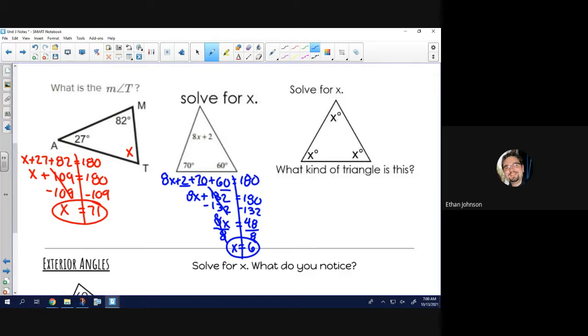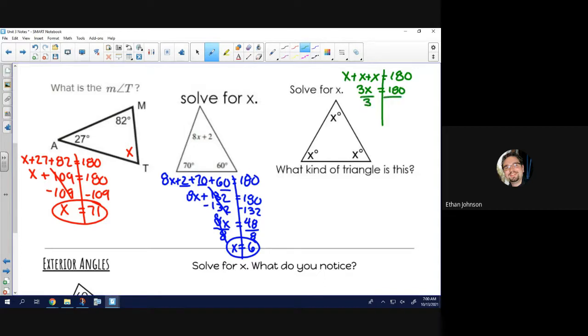Go ahead and pause the video and try doing this third one. So all angles of this triangle say x. So x plus x plus x equals 180. Combine like terms and we get 3x equals 180.